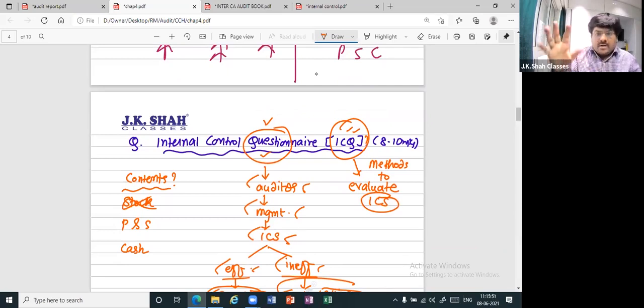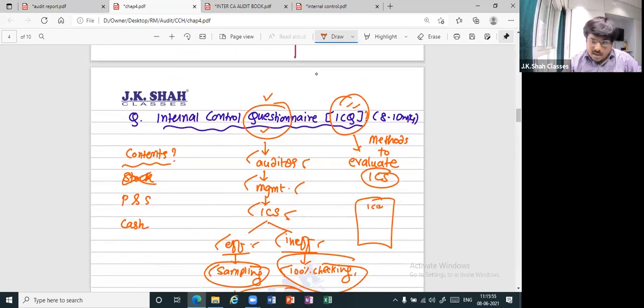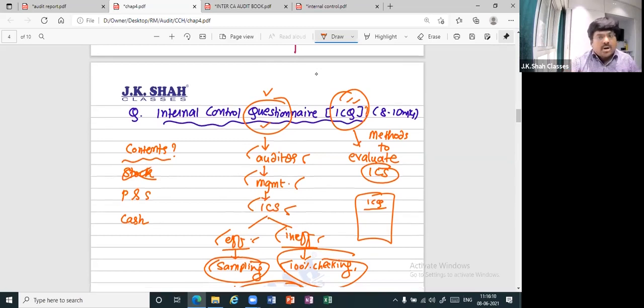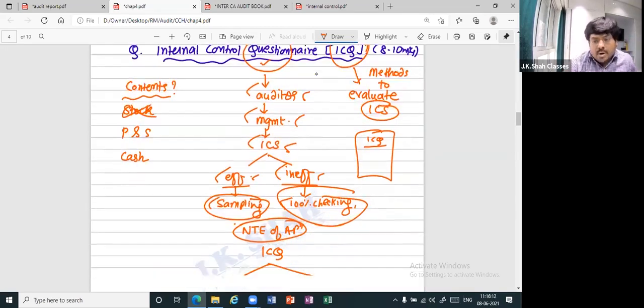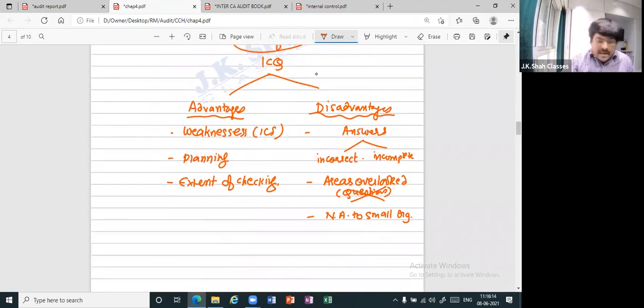Now supposing I'm the auditor of a small organization and I make an ICQ and give you this ICQ. Come on, solve it. You will tell me, hey, we don't have ICS, and you are giving us ICQ. You're asking us questions about something that we don't have. You're making us feel more bad. Then use common sense. Eventually, can I say this will not work for small organizations? So it is not applicable to small organizations.